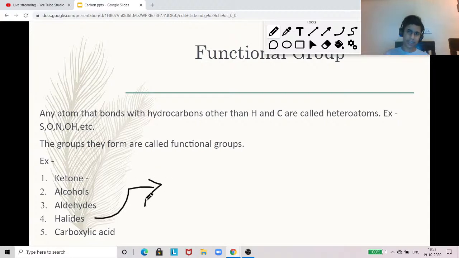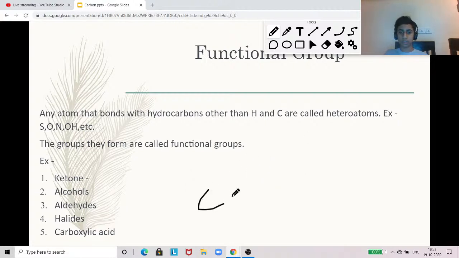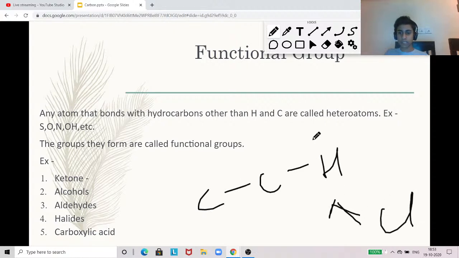Now, what about halides? Halides are basically halogens: chlorine, bromine, iodine. These halogens take the place of hydrogen. Let's say we have hydrogen, drawing it for this purpose, and now a Cl comes and basically displaces it because it's more reactive. It takes its place and removes hydrogen.